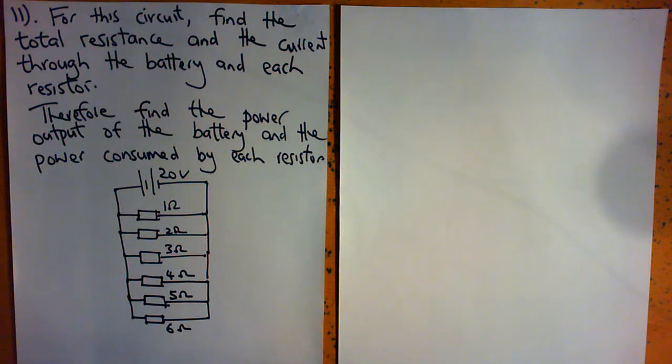and that means the voltage across each resistor is 20 volts, which is going to make this question nice and easy, certainly when you compare it to the last few questions.